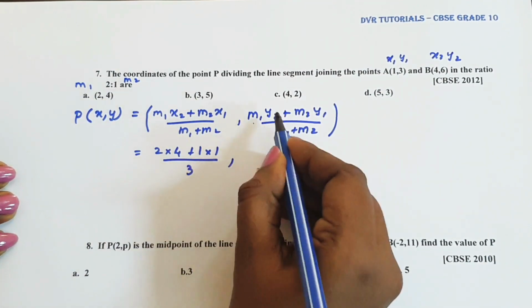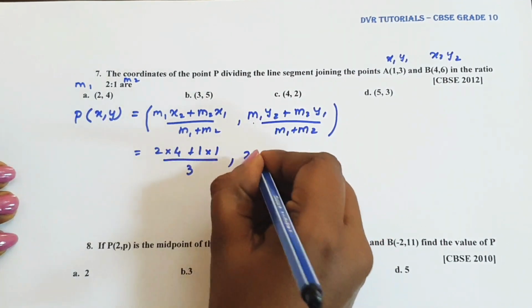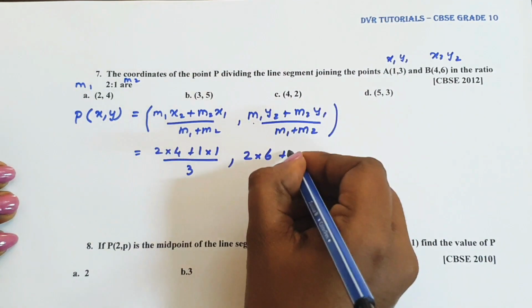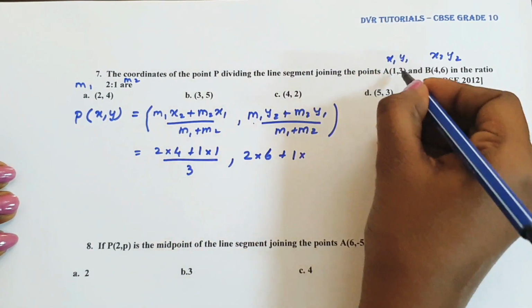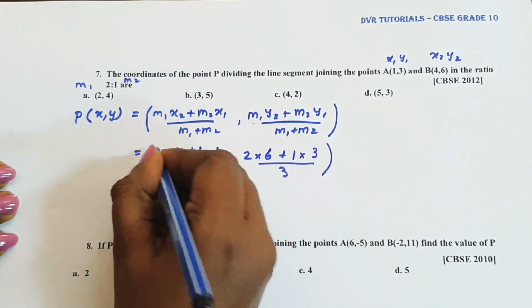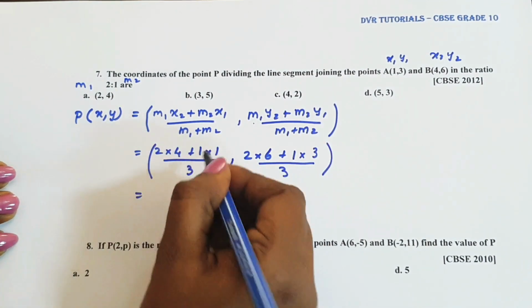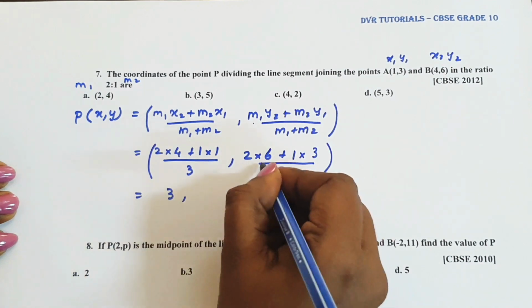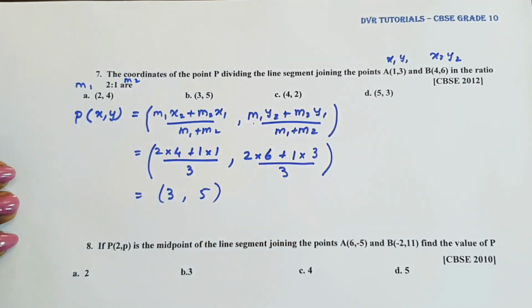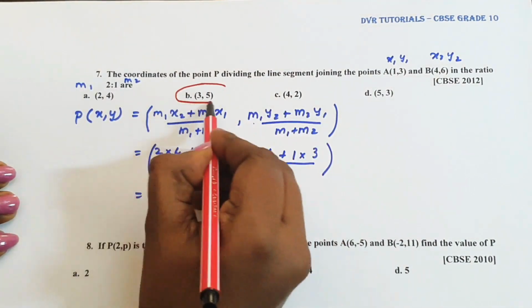Now again m1 y2, so m1 is 2 and y2 is 6, plus m2 y1, m2 is 1 and y1 is 3, the whole thing divided by 3. Now let's see, 8 plus 1 is 9 by 3 is 3, 12 plus 3 is 15 by 3 is 5. So which is our option? B, 3, 5.